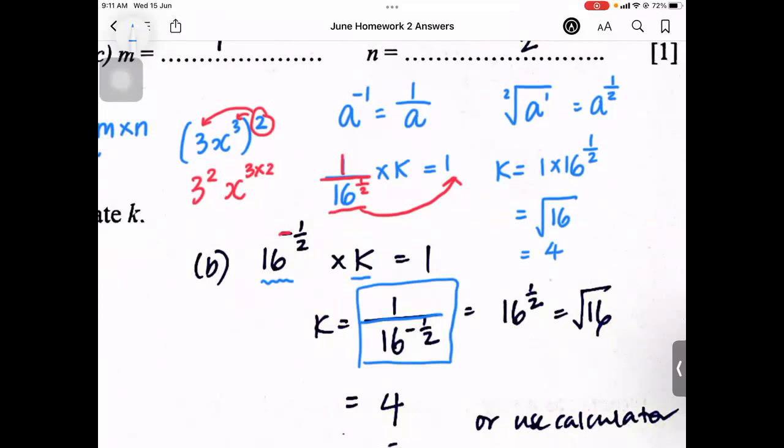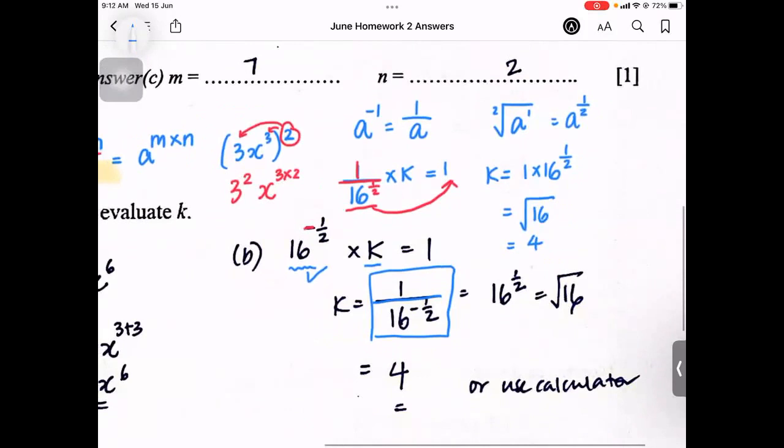If you want, you can use your understanding for indices. If you are not very good at indices, doesn't matter. You can just divide this term away, leave it to your calculator for calculation. Okay, but that skill depends on the question. If the question has no other algebra value in it, then you can use the calculator straight away.